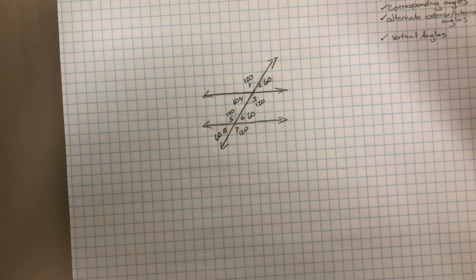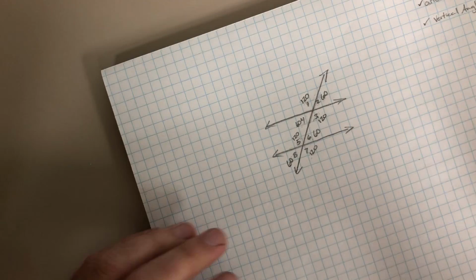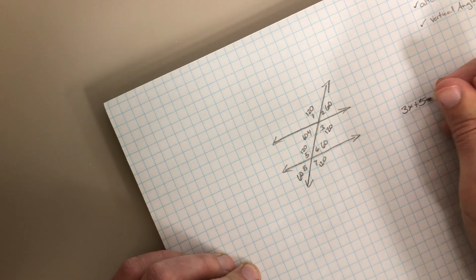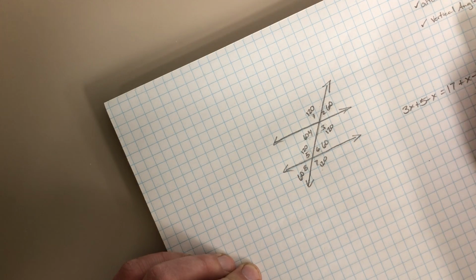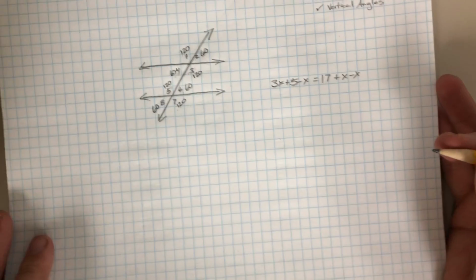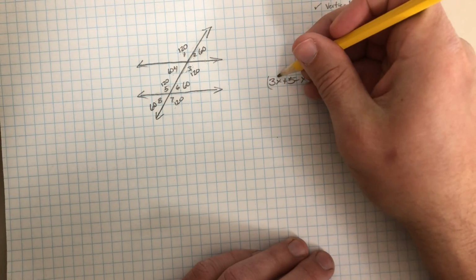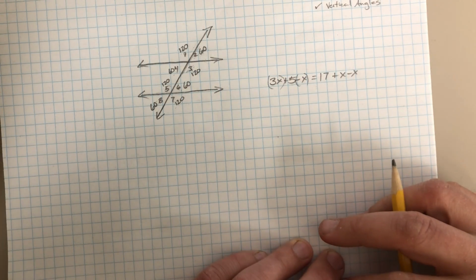Now, we're also going to take a look at simplifying expressions. Okay, so if I have 3x plus 5 minus x equals 17 plus x minus x. All right. Let's take a look. So if I want to simplify this, first I want to get like terms together. So here I have a 3x, and here I have a minus x.